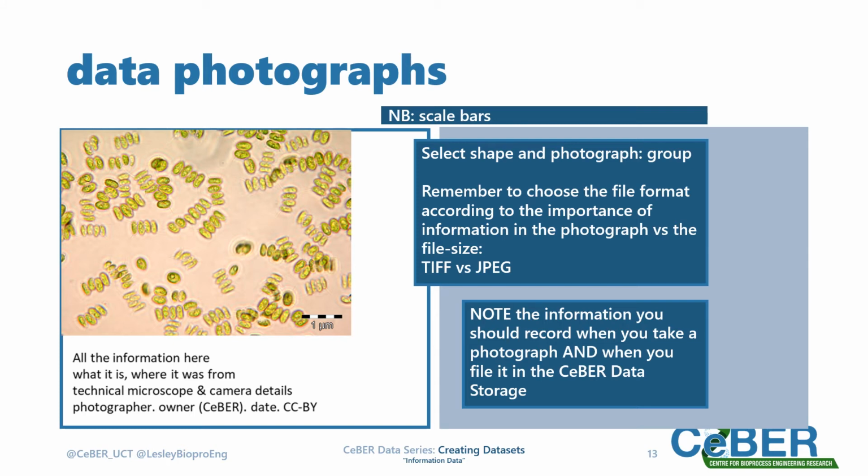So only use that for photographs that have got key information, such as microscope photographs sometimes, and some of the other sort of photographs that reveal things about the stuff we're working with. Otherwise, usually JPEG is good.